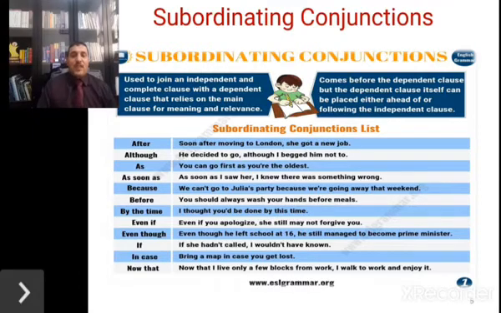Although means what? When you suggest a possibility that something conditional may happen or may not, something difficult to be understood simply. So, for example, he decided to go, although I begged him not to. Although can be at the beginning also. Although I'm very tired, I have to prepare the lesson or the lecture.